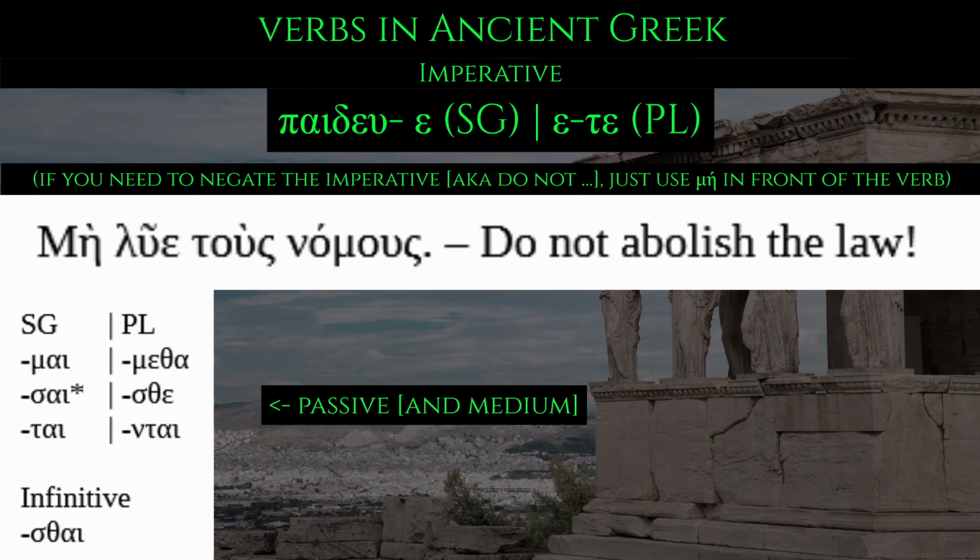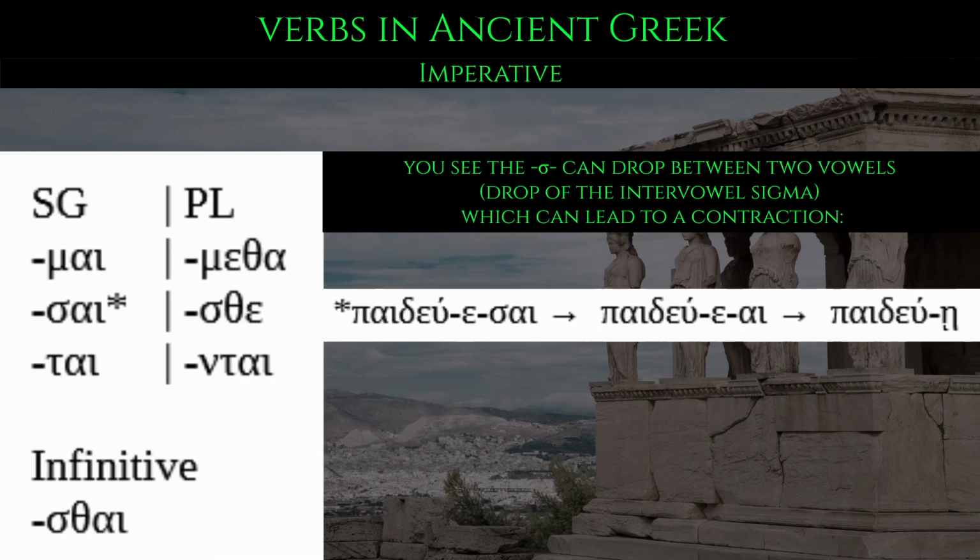So, it would be too easy if we would not have a bit of an exception. You see, the sigma can drop between two vowels. That is called the drop of the intervocalic sigma, and this can lead to a contraction. Let's have a look at this example. Normally we would have paideuesai, but we need to drop the sigma, thus getting paideueai.